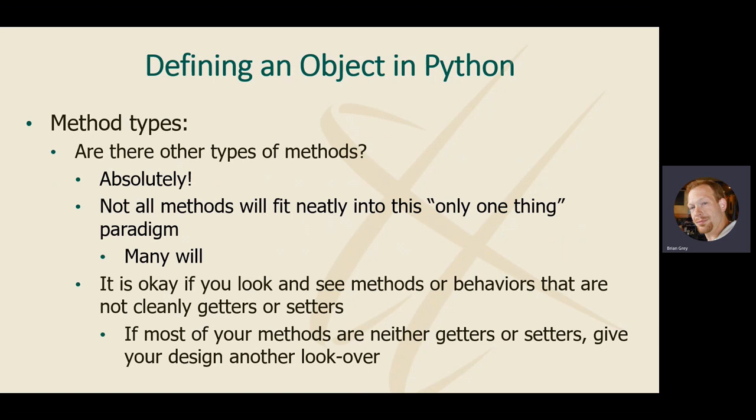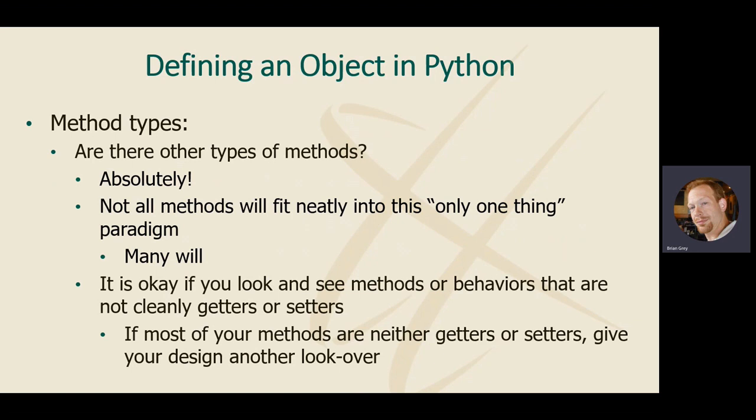You might give it another scan and go, no, this all makes sense. This is very well written code. It is not very highly coupled. It is highly cohesive. It does exactly what it needs to. It encapsulates everything it needs to. And then you go, great, that's perfect. Or you might realize, oh no, I have an object that is really doing three different jobs, and I need to refactor.